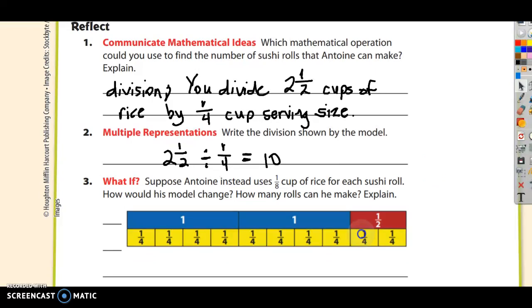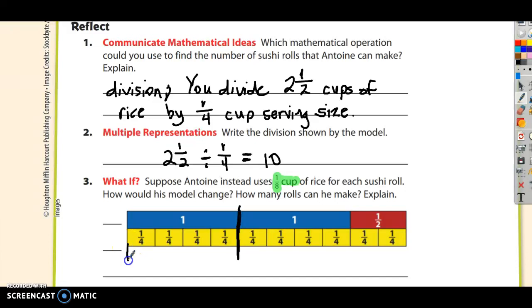You don't have a model by your number 3, but you can look up at the top of your page. So look at what it says here. Suppose Antoine instead uses 1/8 cup of rice. So these yellow portions right here aren't going to work. But one thing you need to notice, this is really pretty important, is how 1/8 of a cup compares to 1/4 of a cup. The reason it's called 1/8 is because if you took 1 whole cup, you'd separate it into 8 equal parts.